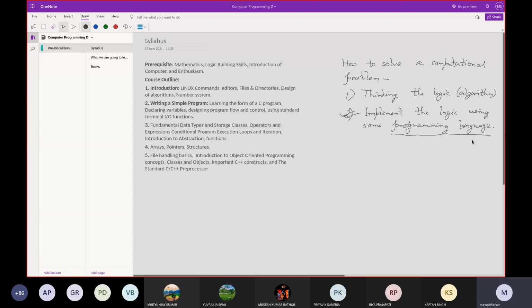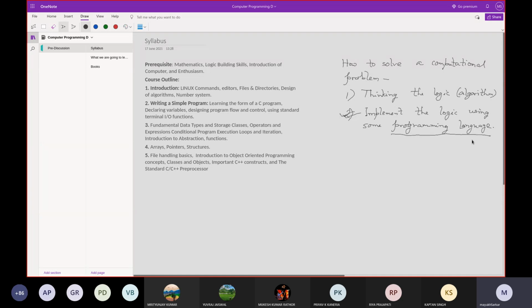So to express anything, you have to employ some particular language. Similarly, to express the logic that you have just thought out to the computer, you have to express that logic in the computer's own language. Otherwise, the computer will not understand it.